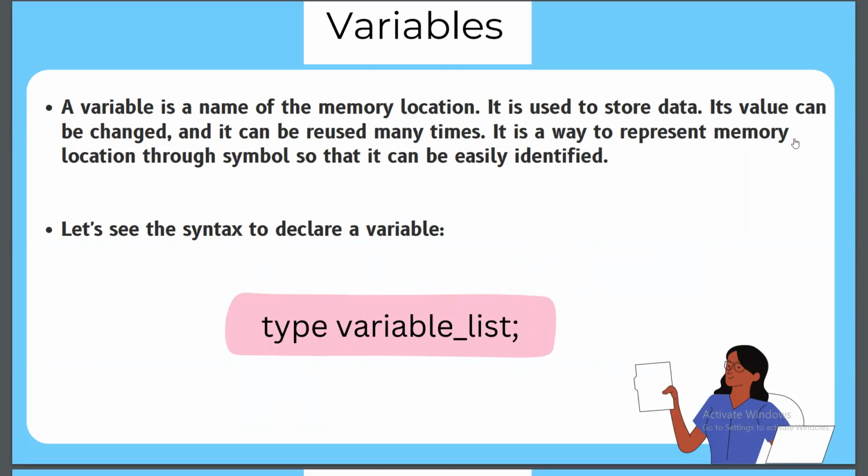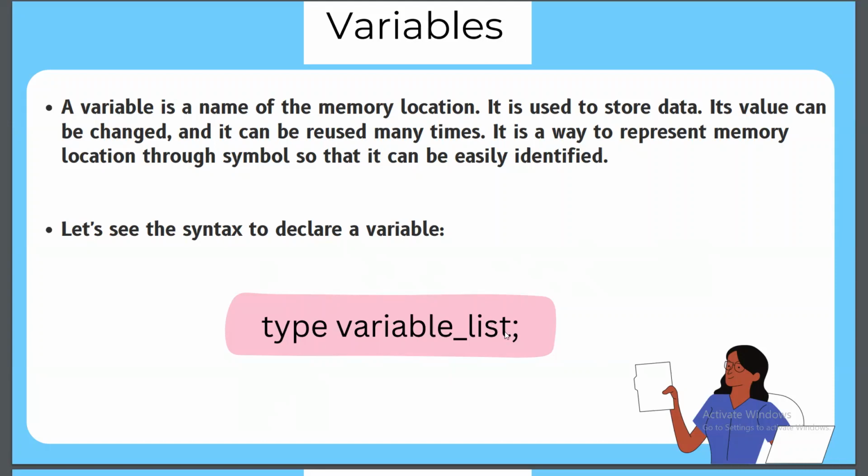Now let's see the syntax to declare a variable. Here is the type and the variable list. In the type, you need to write the type of the variable that you are going to define. Suppose you want to store some integers, like 0 to 9. For that, you define int here, and then the variable list.